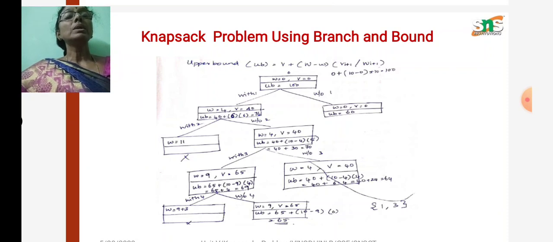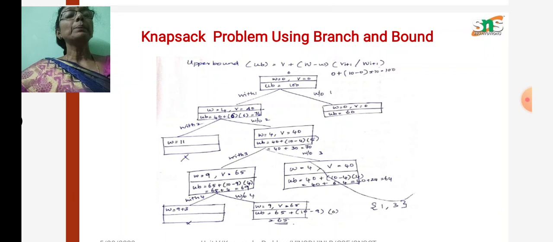The upper bound is calculated by the formula: V plus (capital W minus small w) into V(i+1) divided by W(i+1).